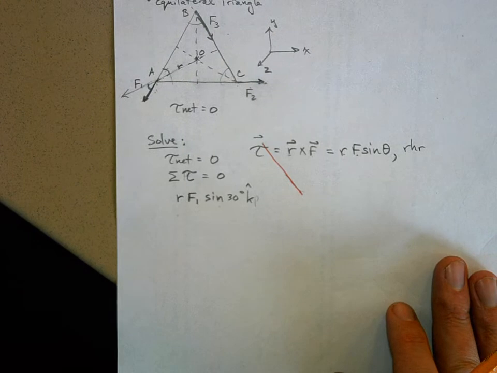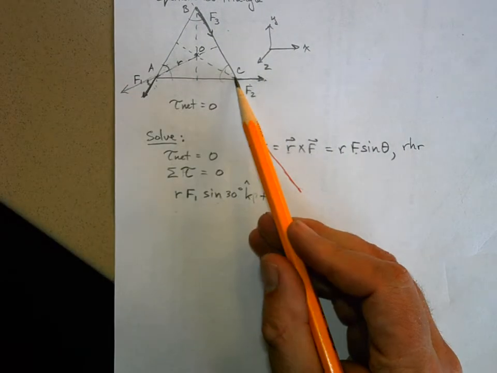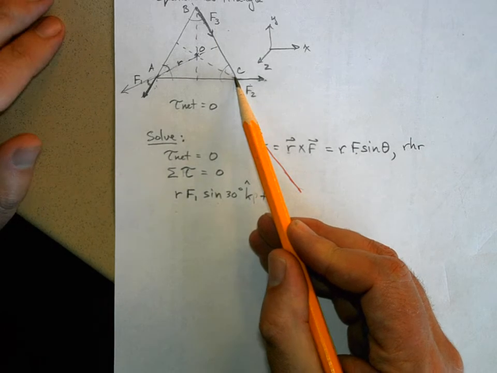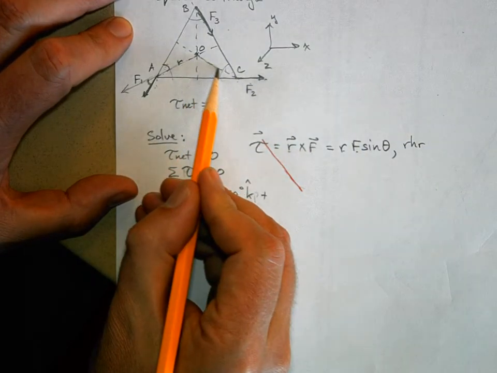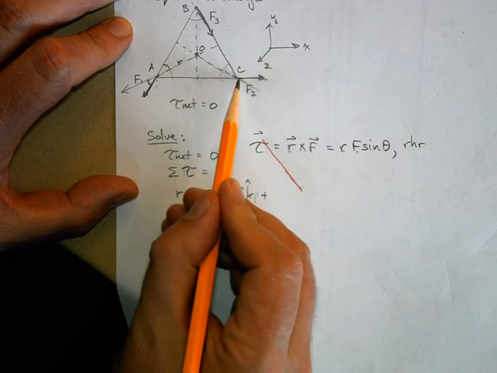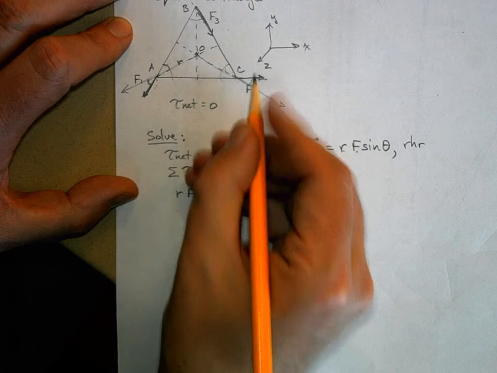With me? Okay. Now let's figure out the torque for the second force, F2. Here's R, it comes down like this, and the force goes like this. Here's the angle, and that's 30 degrees again.